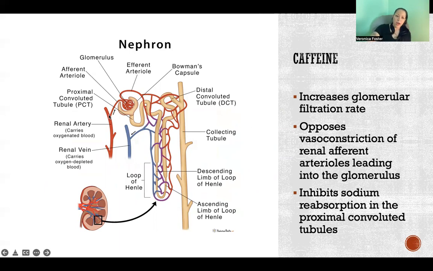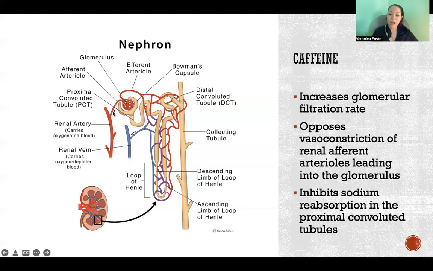We have an afferent arteriole, meaning the blood vessel that's going towards the glomerulus. And the efferent arteriole is the blood vessel that is exiting and going away from the glomerulus. We regulate how fast that filtration is happening by regulating the blood pressure in that vessel leading in.